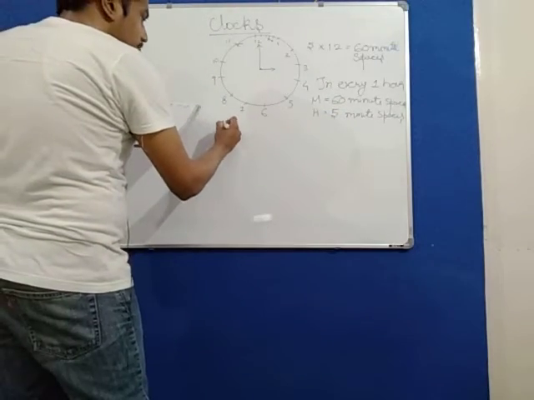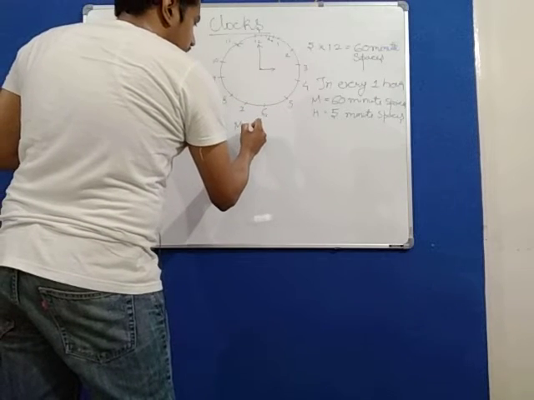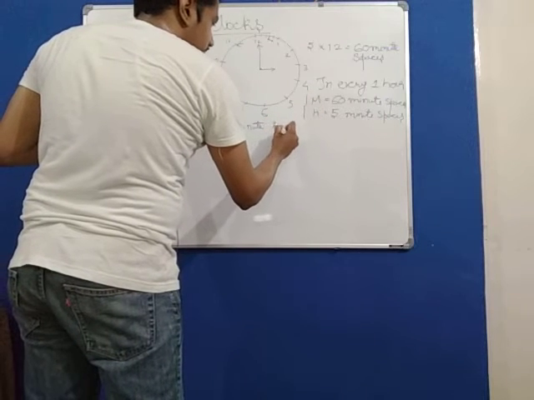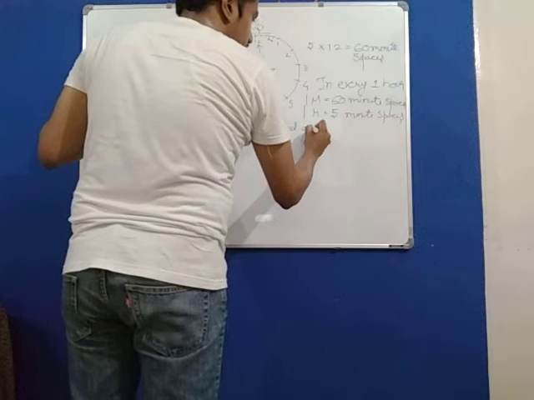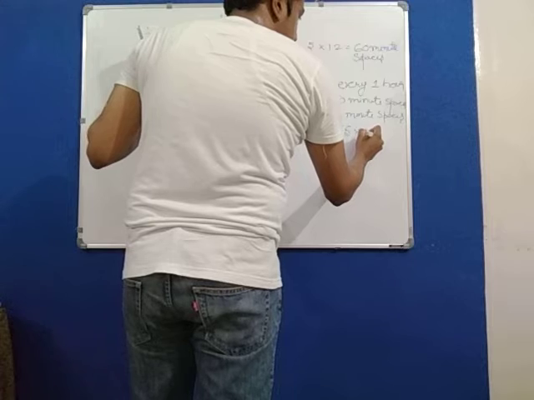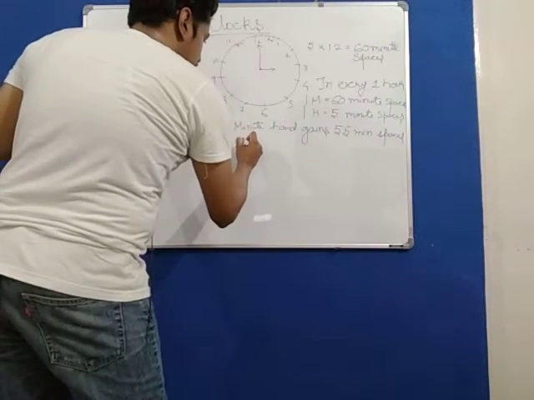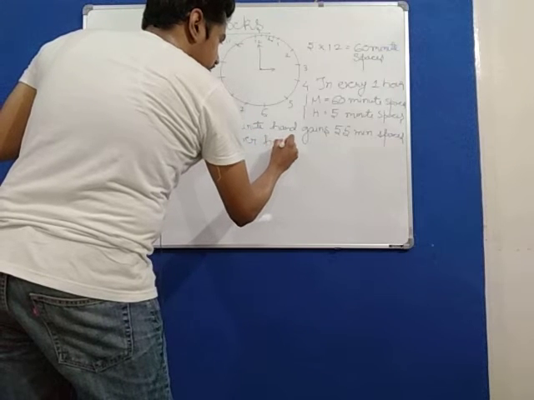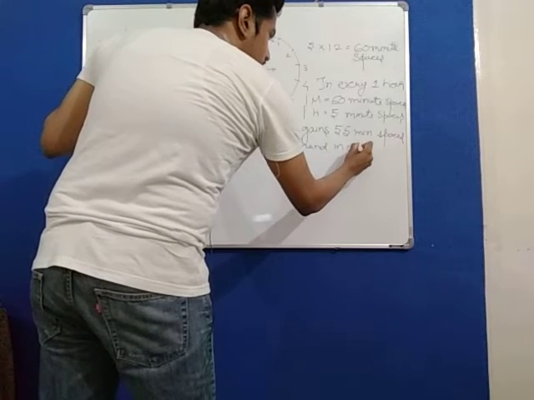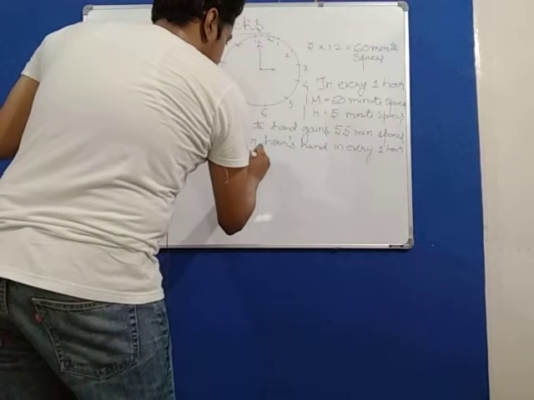So from these two we can conclude that the minute hand gains 55 minute spaces over the hour hand in every 1 hour, which is nothing but 60 minutes.